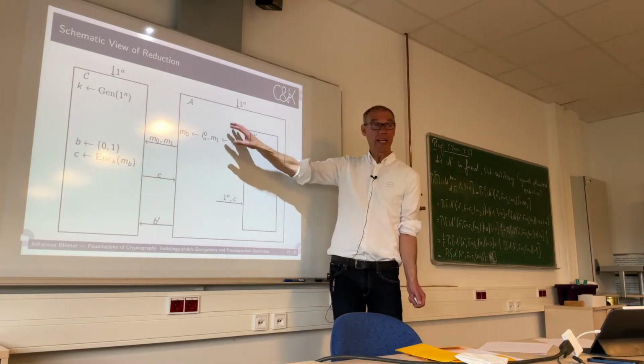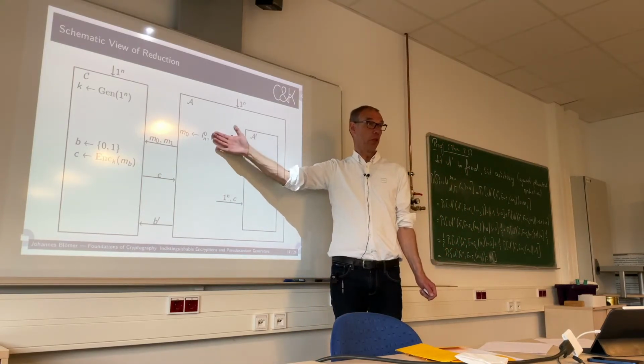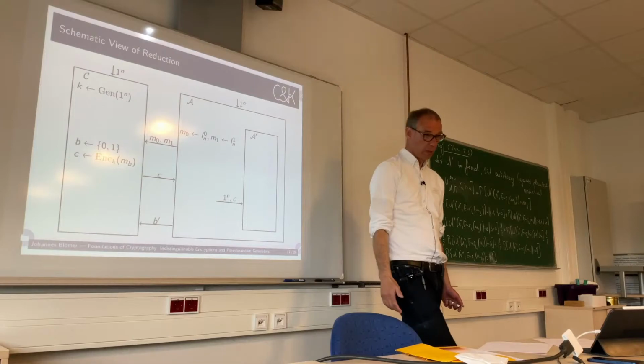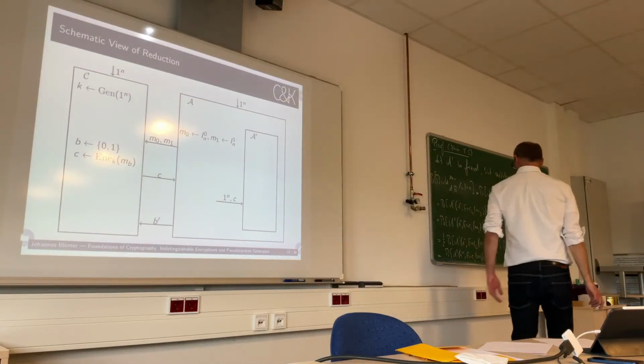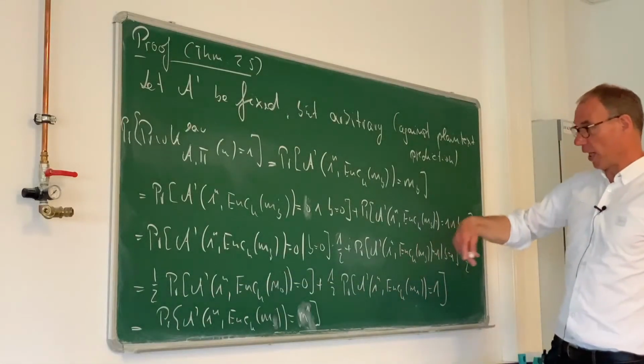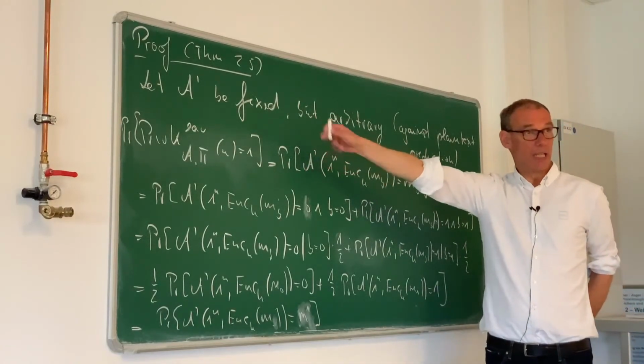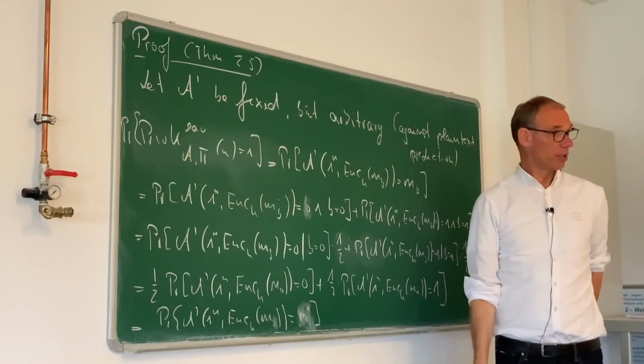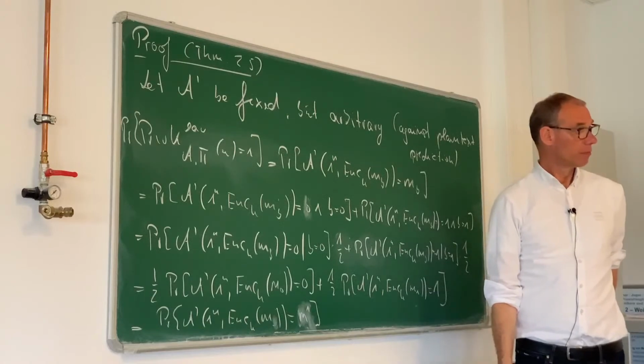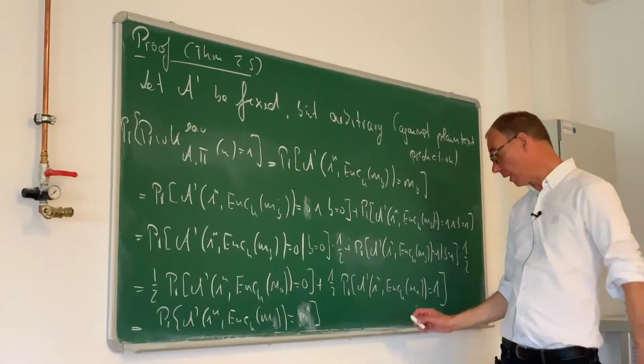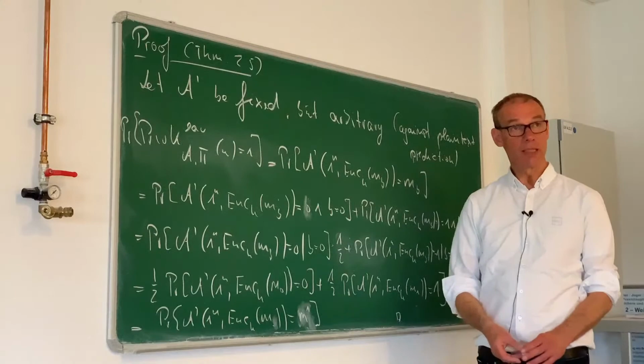So that's why it's important. I cannot just do anything here. I have to do it this way. But once I do this, I'm done here. And then, as I said, just subtract 1/2 on both sides, I get the respective advantages. And then I'm done. That's a proof.